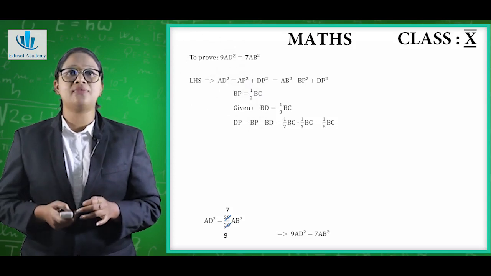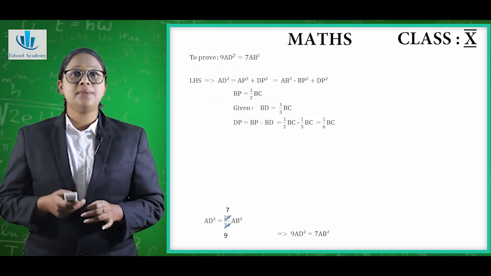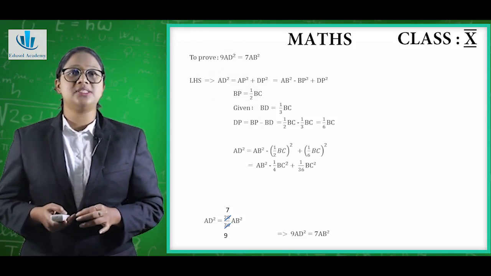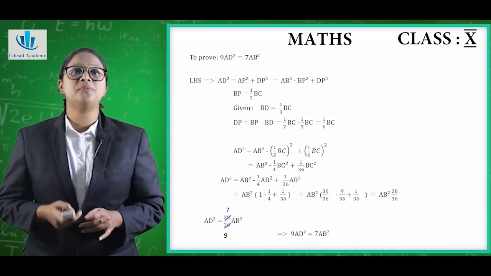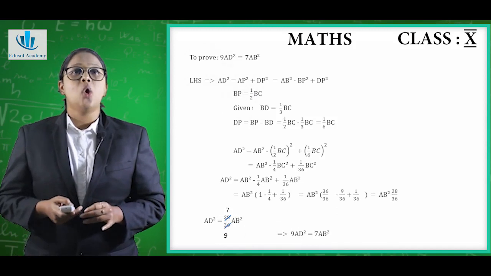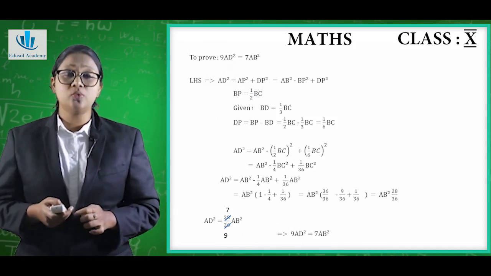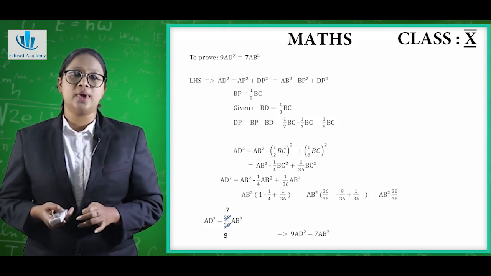So now we have BP is equal to half BC and DP is equal to 1 by 6 BC, and we are going to substitute that. So the equation becomes AD square is equal to AB square minus 1 by 2 BC the whole square plus 1 by 6 BC the whole square.